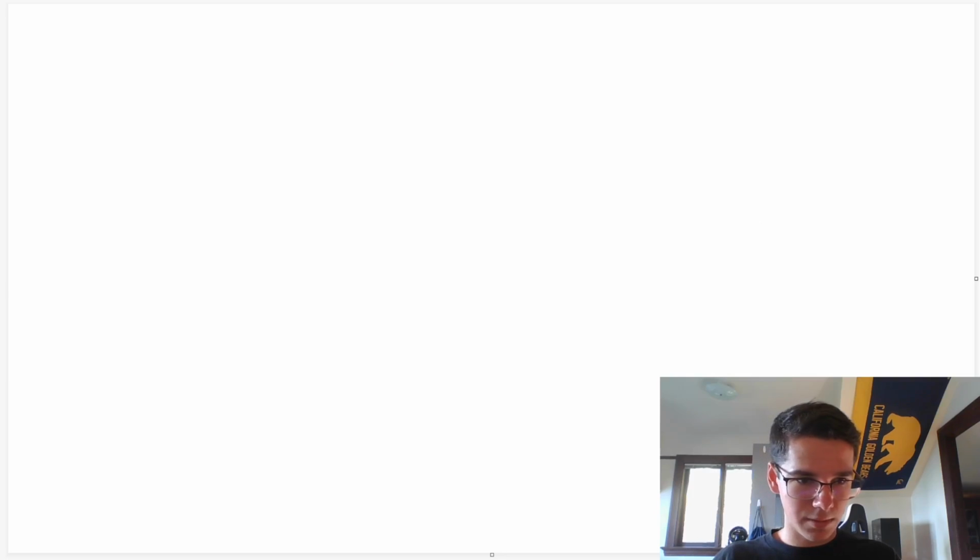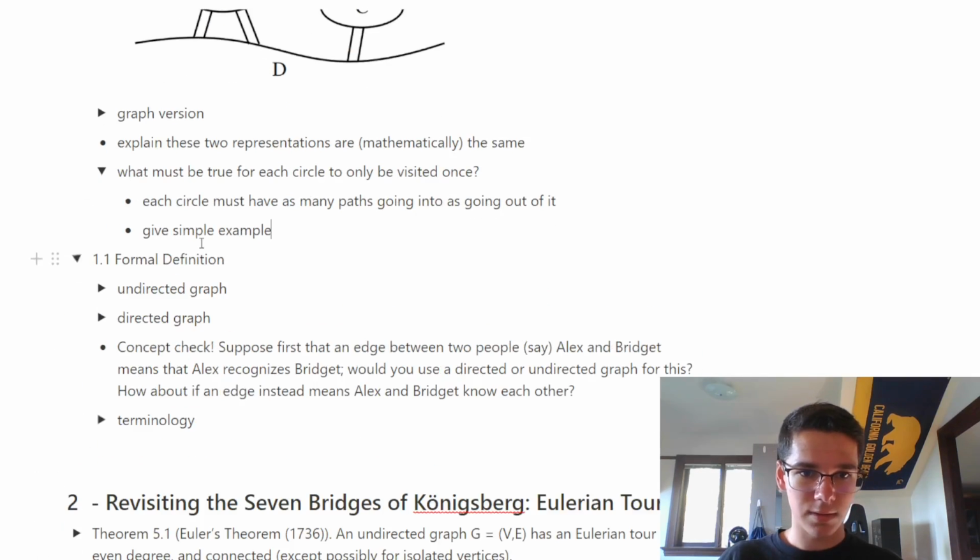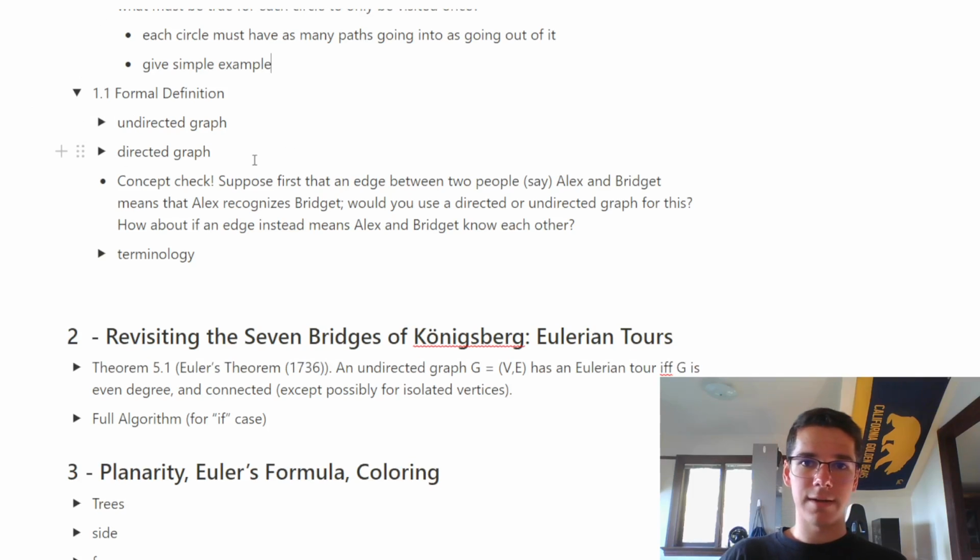But I believe for now we're going to move on from the Königsberg example and take a look at some formal definitions of graphs. So, an undirected graph is a graph where the connections between nodes do not imply a direction or like an order.